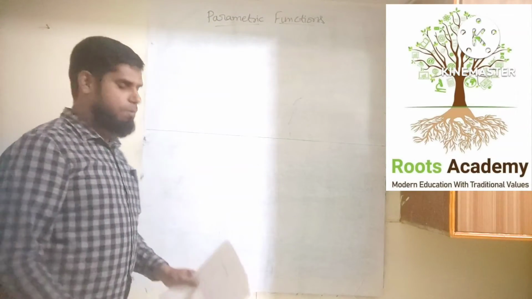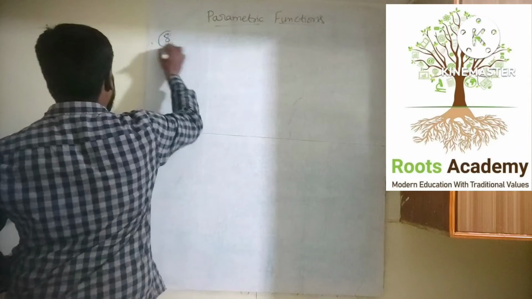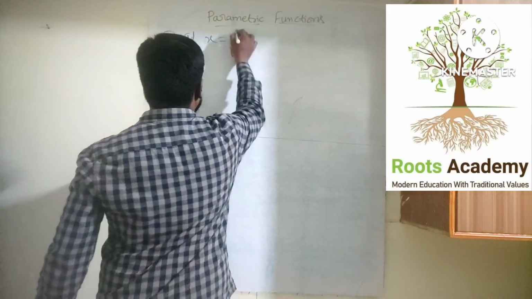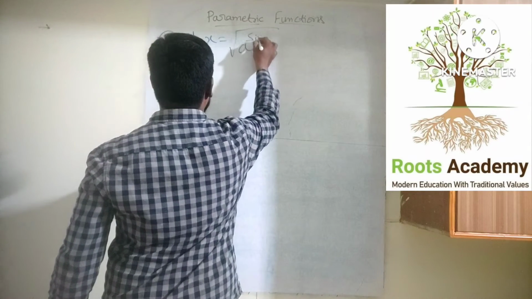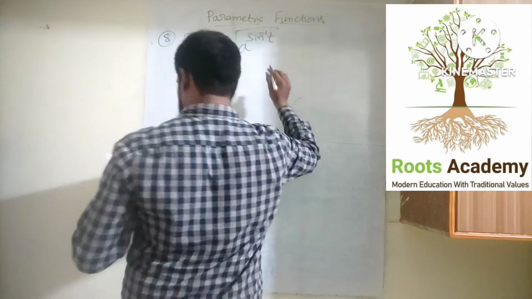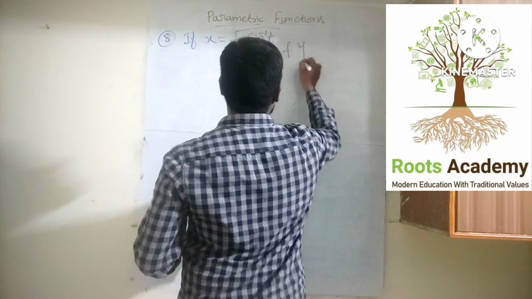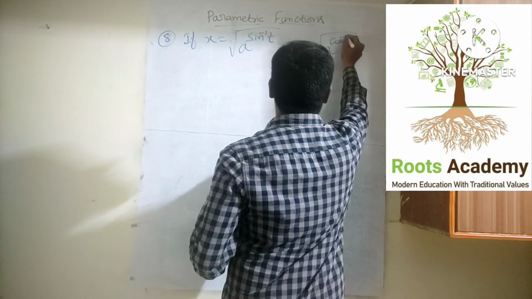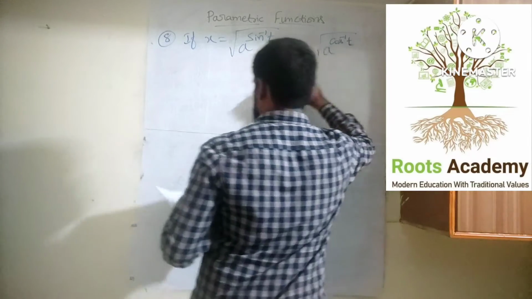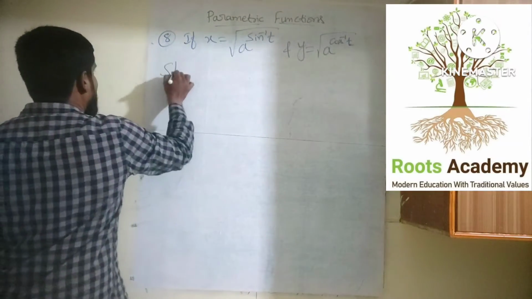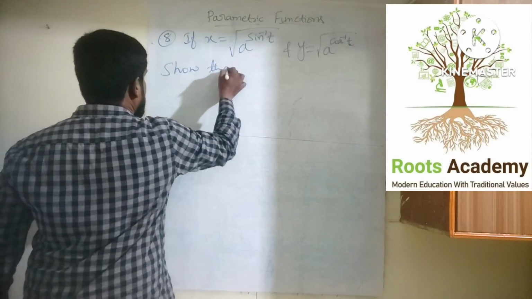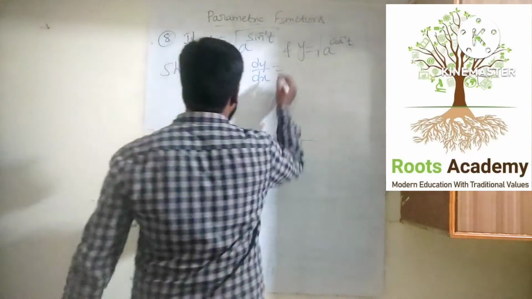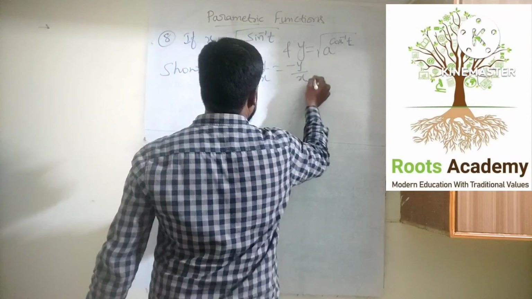Questions? Now let us go to the next problem. If x is equal to square root of a power sin inverse t and y is equal to square root of a power cos inverse t, show that dy by dx is equal to minus y divided by x.